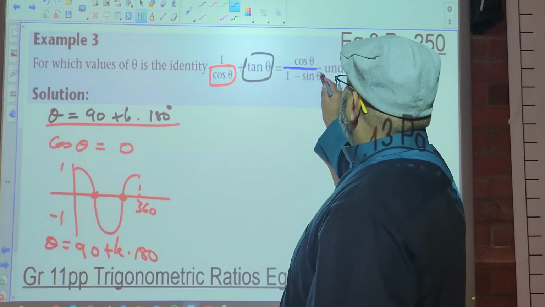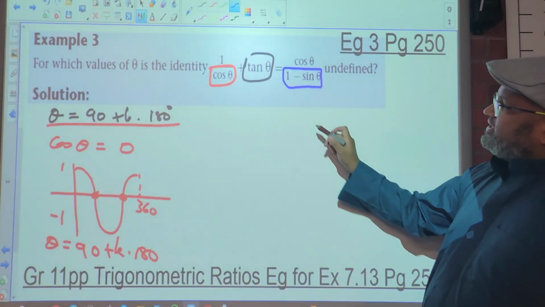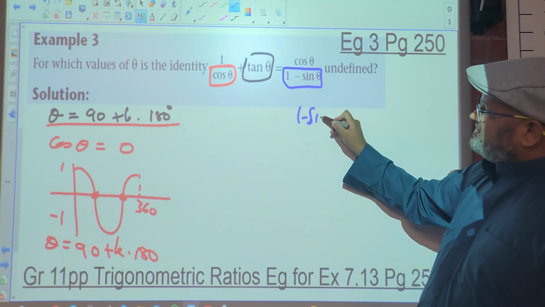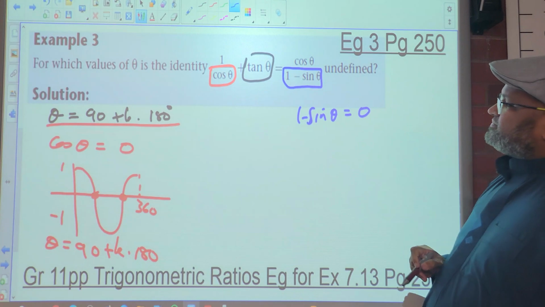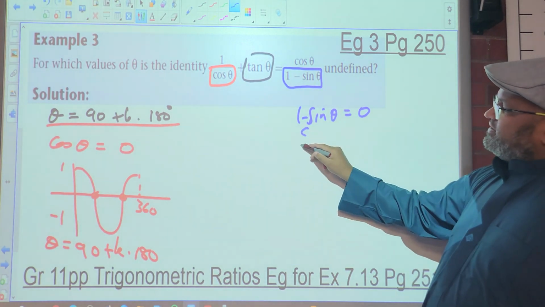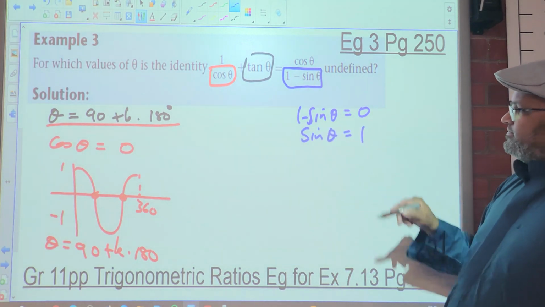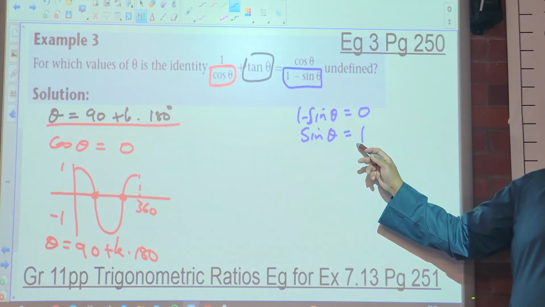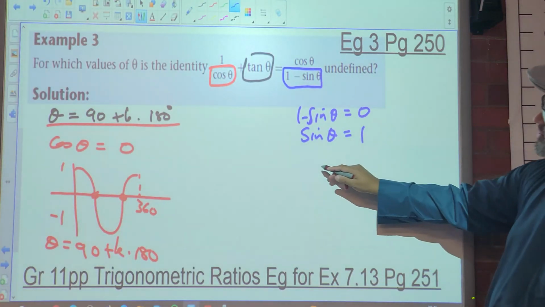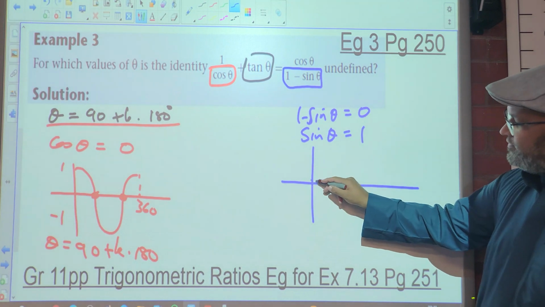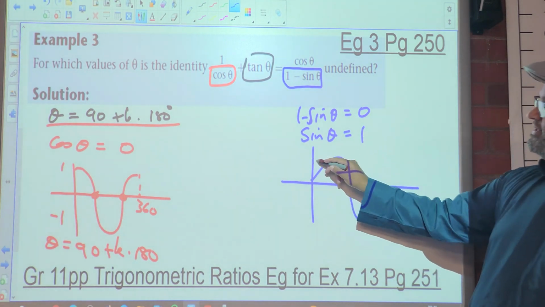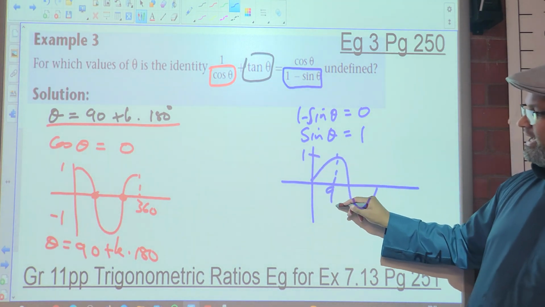Then this one here, is that equal to 0? So it's 1 minus sine theta is equal to 0. You take sine over, so sine of theta is equal to 1. Remember, 1, minus 1 and 0, we take this to the graph. Which graph? Sine graph. So sine is equal to 1 at 90.